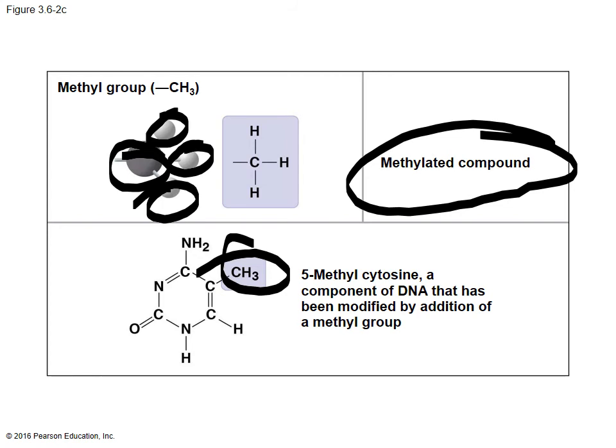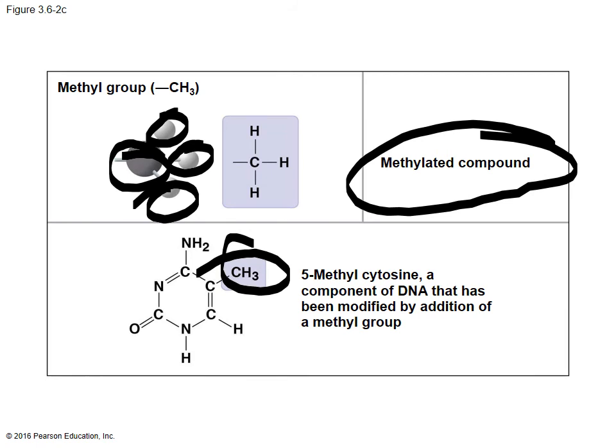Okay, so the counting on this is not as intuitive as it may seem, but this is what I'd like to point out to you all. If you start by just looking at the fact that this is a methylated compound, meaning there has been a methyl functional group added to the cytosine structure, what you'll find is that each of the carbons around the ring already has something attached to it.